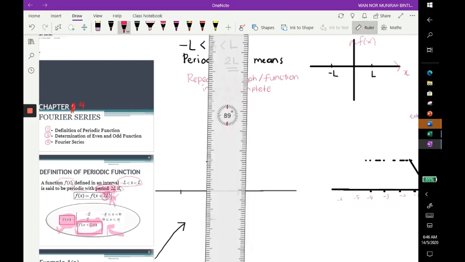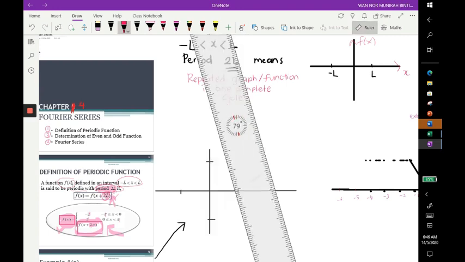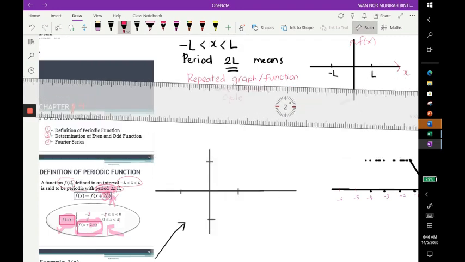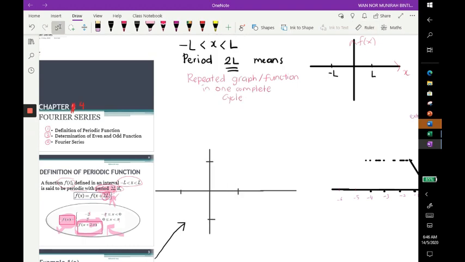When you have a function from negative L to L, from negative L to 0 you have a length of L, and from 0 to L you have another length of L. So this equals 2L. That is why we have 2L, and 2L is your period.